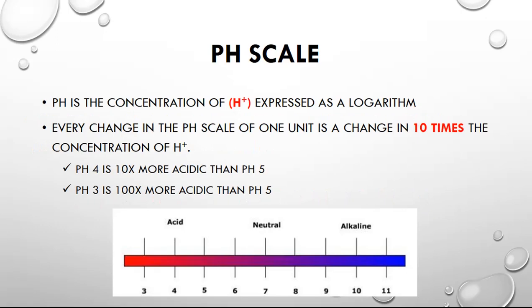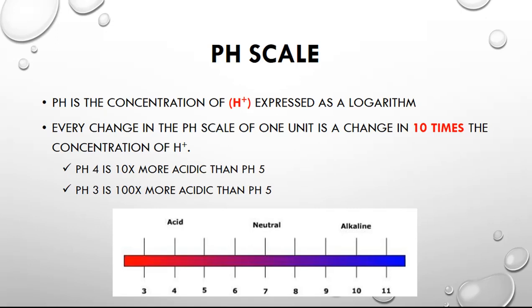pH is the concentration of hydrogen ion expressed as a logarithm. You'll be learning this in maybe pre-calc 11. Logarithm is somehow related to exponent, and the basic logarithm is to the base of 10.